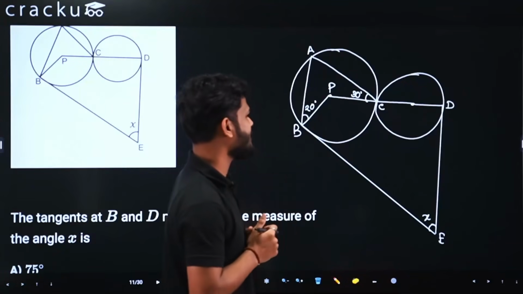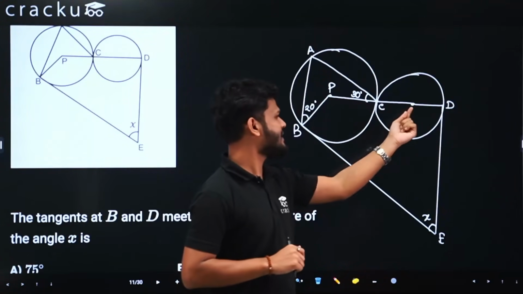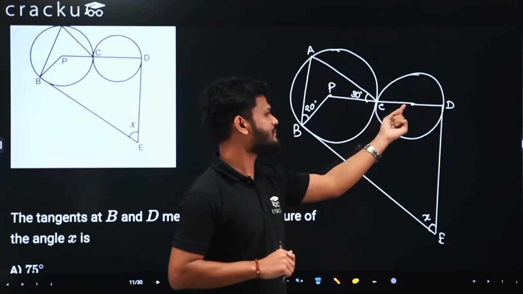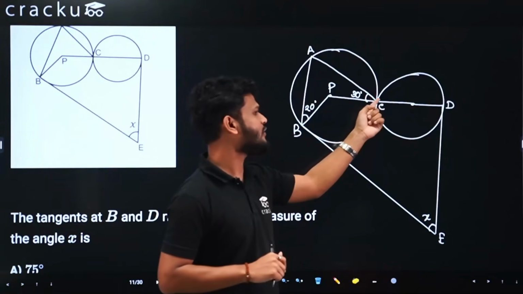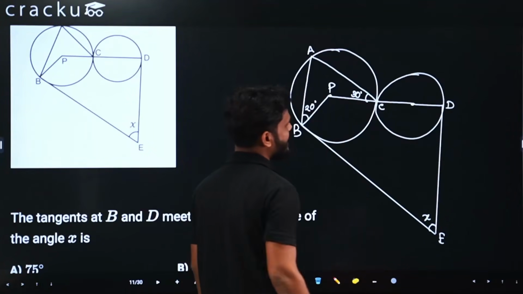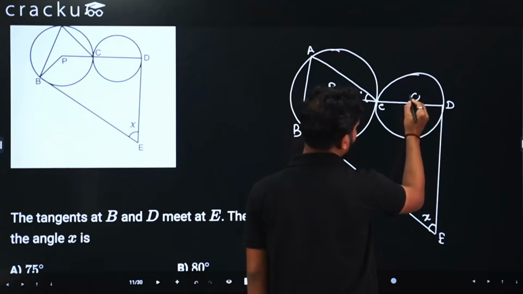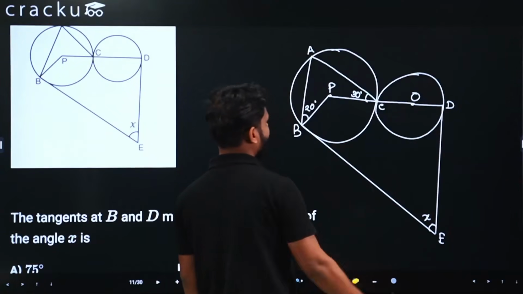Now what can we first deduce from here? This line PC is nothing but passing through the centers of the circles, and C is the point of touching of these two circles. So I can say PB is a radius, and this one, let us say this is O, OD is also a radius. This DE and BE are tangents.